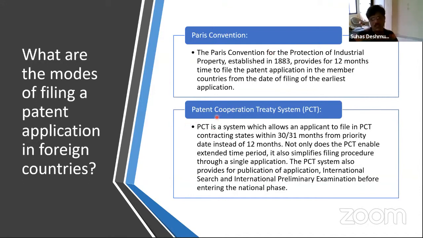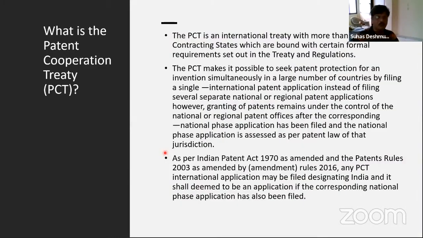But the PCT, the Patent Cooperation Treaty system, allows the applicant to file in patent contracting states within 30 to 31 months of the priority date instead of 12 months. And we can go for preliminary examination based on this.